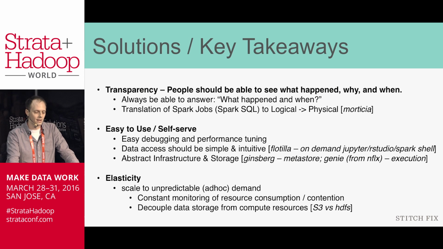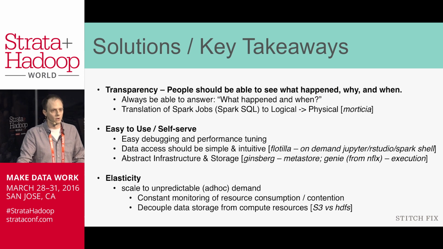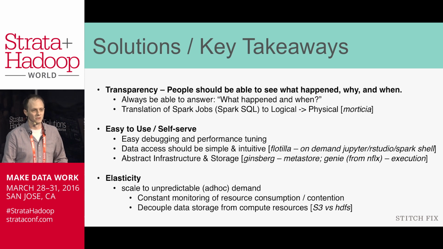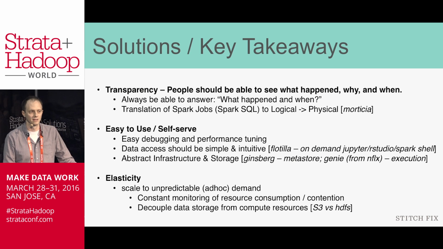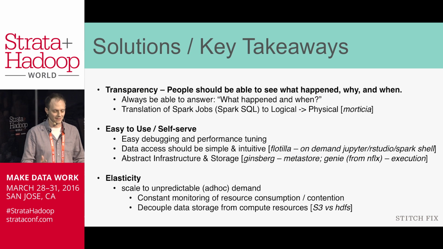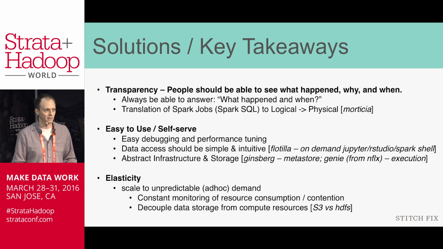Another tenet of the architecture over there is self-service. In order to not have to scale your ops team to the size of your data science team, you really need to enable a high degree of self-service in the architecture. You never want to be a roadblock for the ideas of a data scientist. And frankly, the ops and platform engineers have better things to be doing than debugging jobs in production.